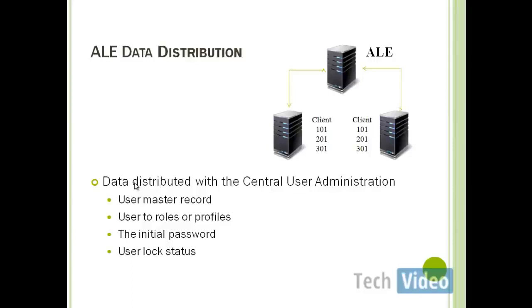We can manage this using the CUA. The advantage of administrating and assigning centrally is that you no longer need to log on to each system in order to make a system specific assignment of a role or a profile. It is managed in one central system, so you don't need to log into each system to manage each user or to assign each role.